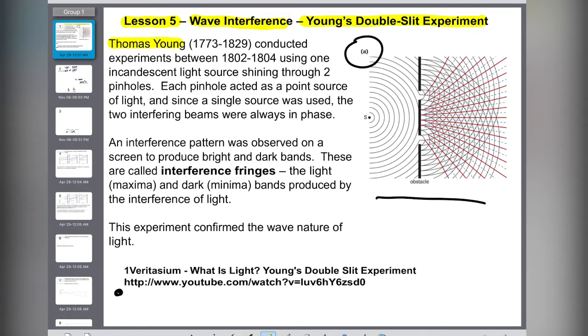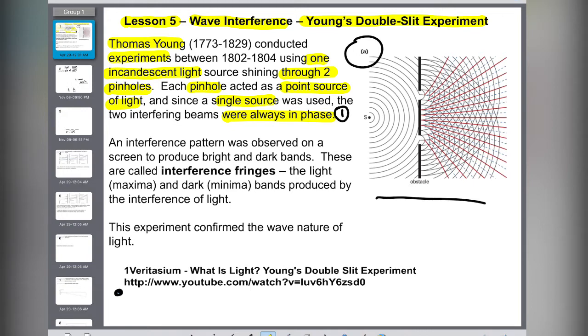Thomas Young conducted an experiment using one incandescent light source, and he shone it through two pinholes. Each of the pinholes acted as a point source of light. Since a single source is used, the benefit is that all the waves are in phase.